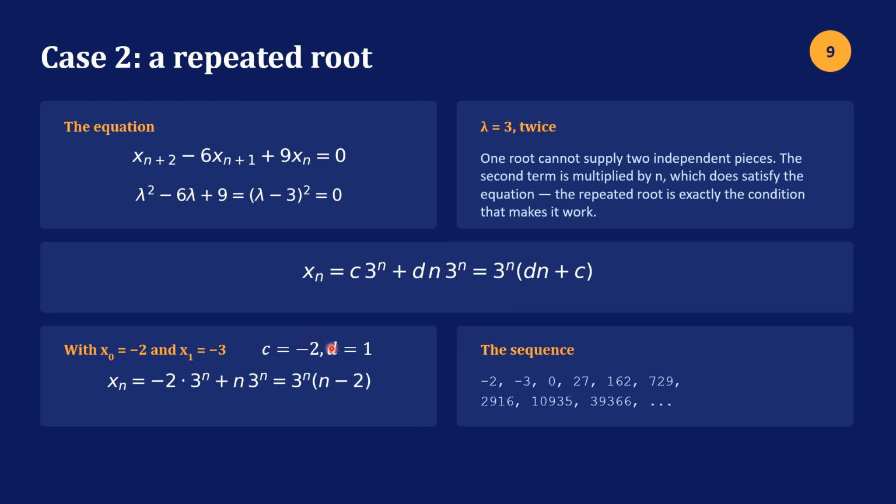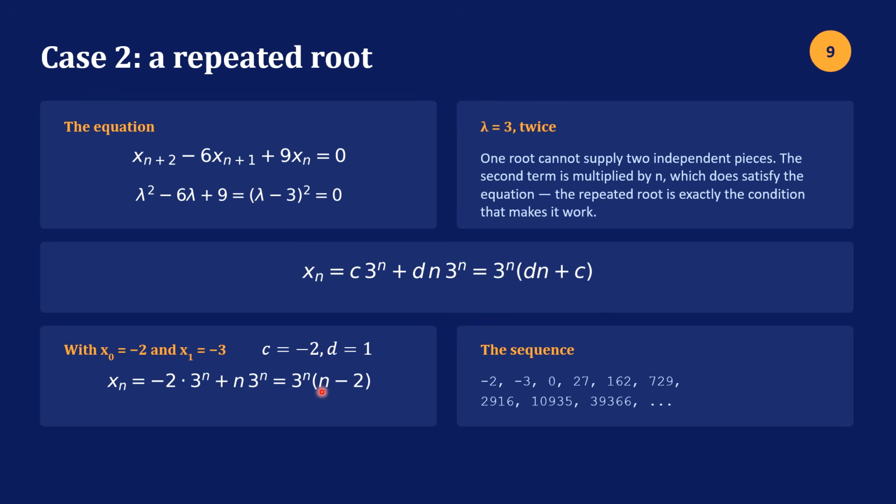So c equals minus 2. And then you come back a second time and you put in 1 for n. x sub 1 is minus 3, and I left out the algebra, but it turns out that d equals 1. So you plug that back into here, and you get this solution, or you can write it like this here.